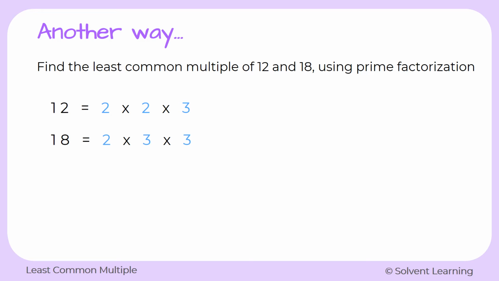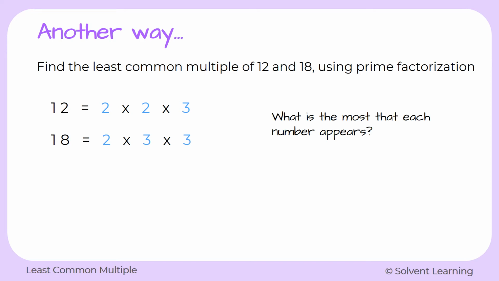Our next step is to ask ourselves, what is the most that each number appears? For example, we can see that both numbers have 2 listed in their prime factorization. But we want to see the most that the number 2 shows up.